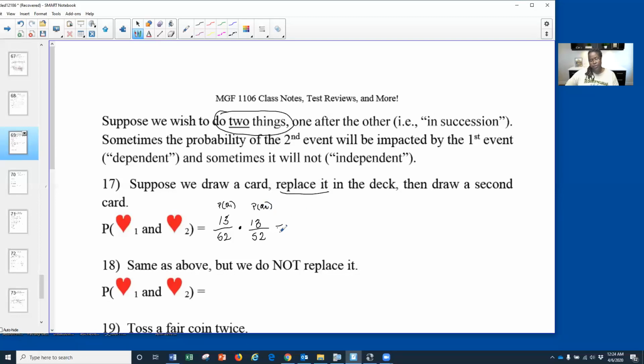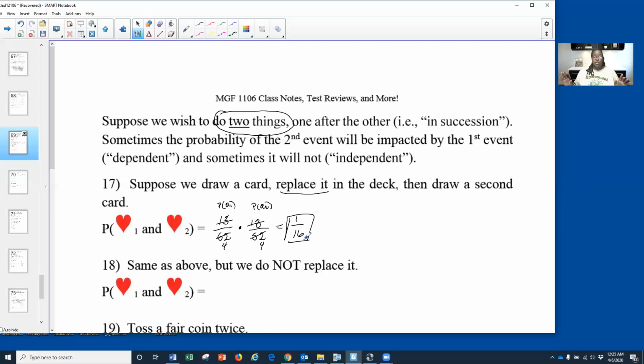Now we're going to do our multiplication, simplification, whatever you want to call it. You could do this in your calculator, or you can go old school with it. We know that 13 goes into 52 4 times, 4 times. And when we multiply across, we get 1 over 16.